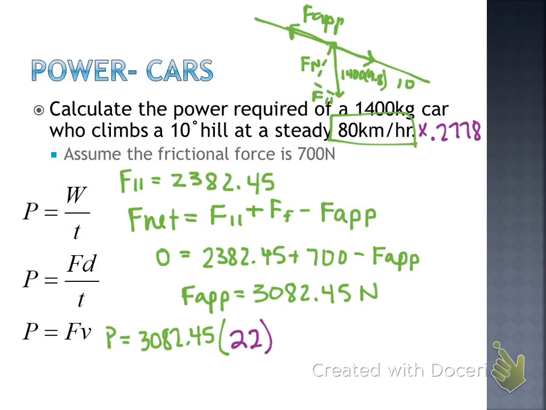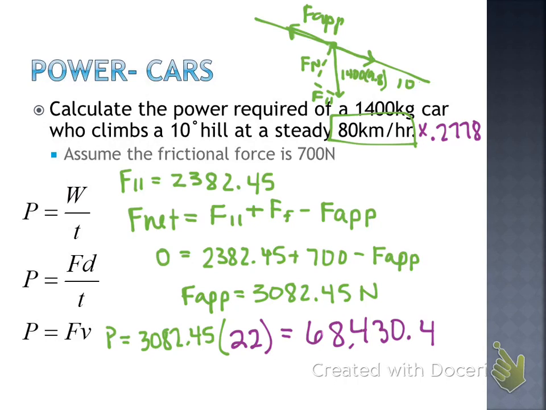Okay, which means our power output is, give me a better number here, I have a rounded number. 68,000. Okay, sorry, my bad.